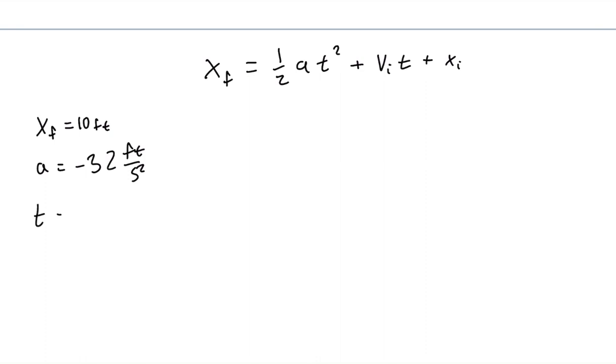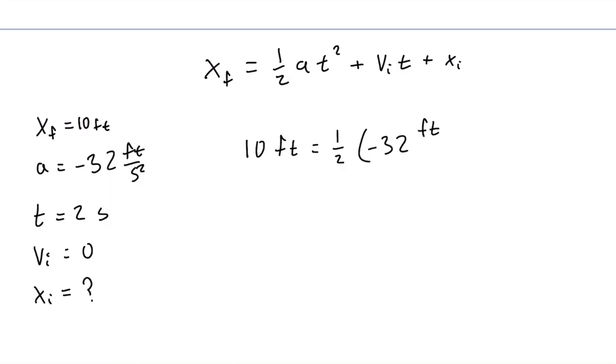Our t is going to be 2 seconds. Our v initial is 0, and our x initial is unknown. All right, so let's start plugging these things in. So we have 10 feet equals 1/2 times negative 32 feet per second squared times 2 seconds squared, plus 0 times 2 seconds plus x initial.